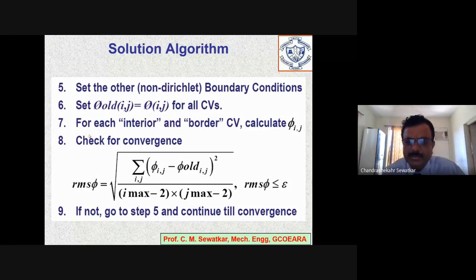And if the RMS phi is less than epsilon, I say that I have reached the solution, and then I can print the values of x, y, and phi. x is the x coordinates, y are the y coordinates, and phi is the temperature. I can print that result, look at it, and plot it.